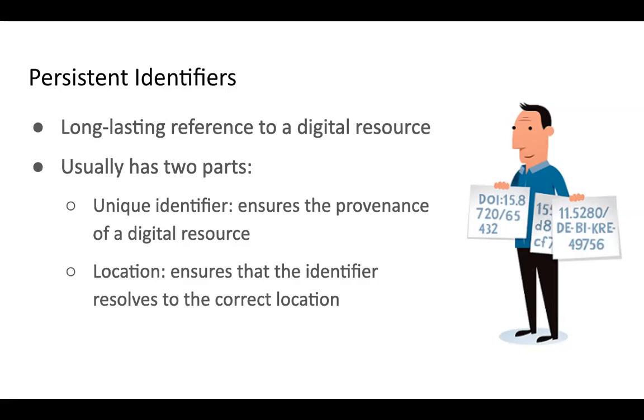So unlike URLs, which may break, a persistent identifier reliably points to a digital entity. They are long-lasting, and they usually have two parts. The unique identifier ensures the provenance of a digital resource, and then the location ensures that the identifier resolves to the correct location.